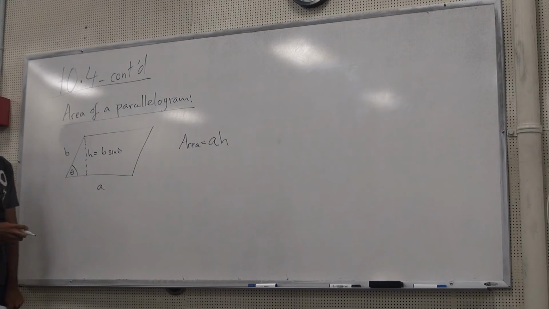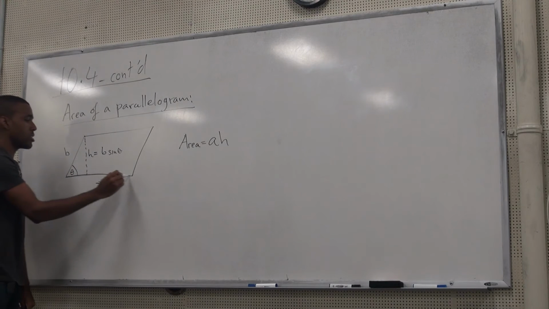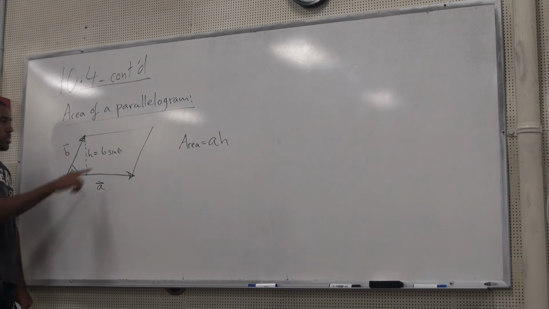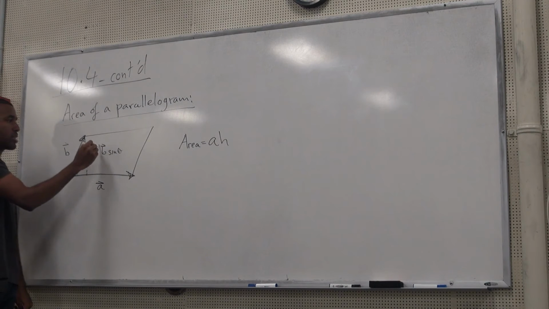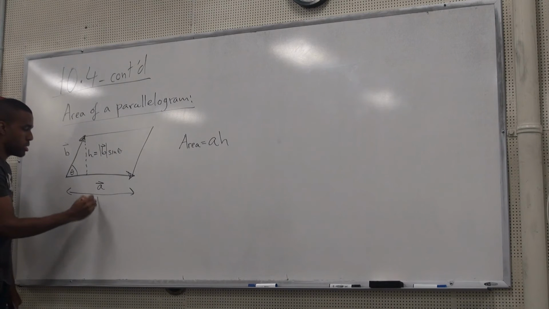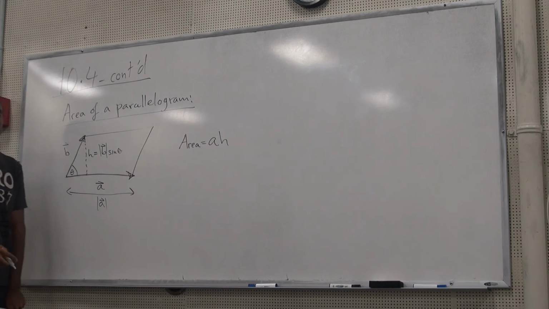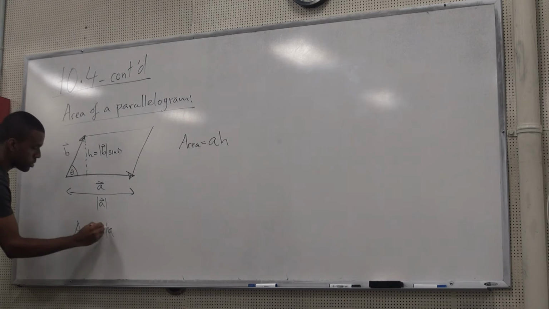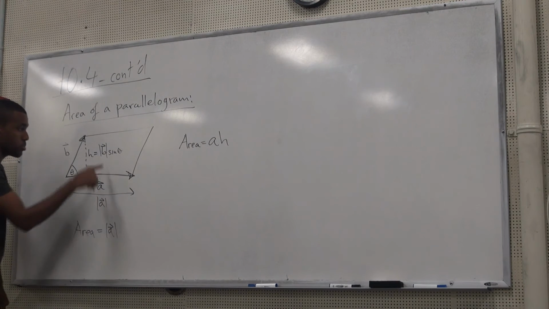Right. So now, we're in 3 dimensions. This is a random parallelogram floating around in 3 dimensions. Think of this as a vector, and think of that as a vector. The length of this will be the magnitude of the vector A. So the area would be equal to the base times the perpendicular height.